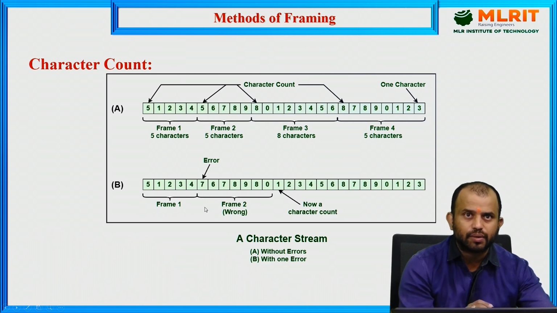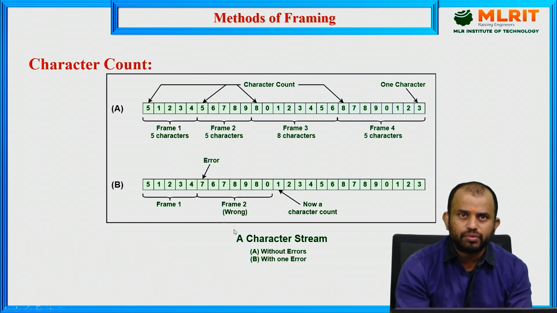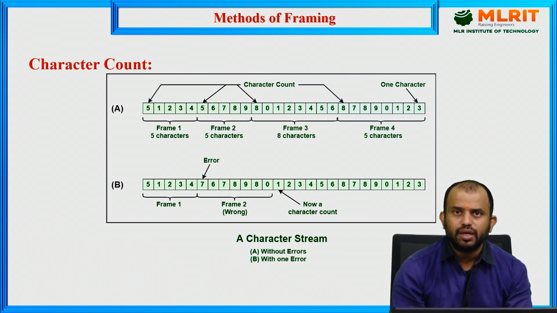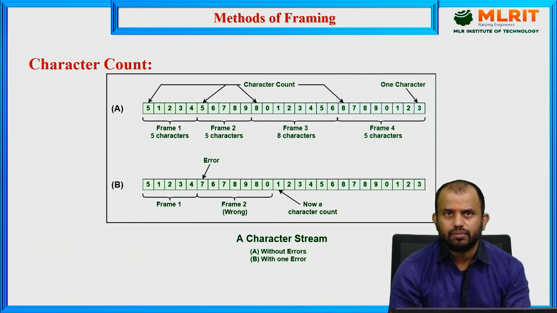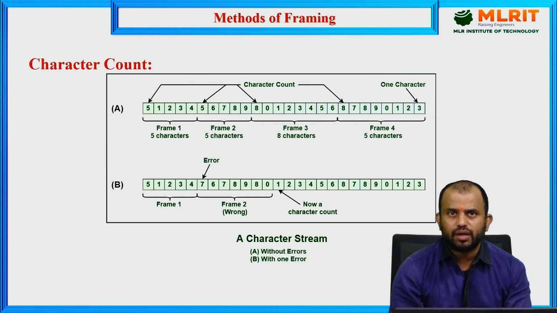So there is a mismatch in the information on the transmit section, and a sync-up error occurs. This we call a single bit error. What is a single bit error? A single bit error is when, while information is transmitted from source to destination, only one bit is in error.